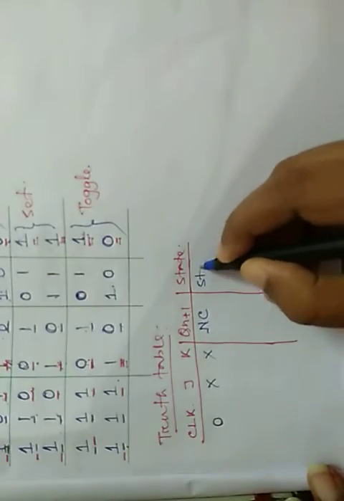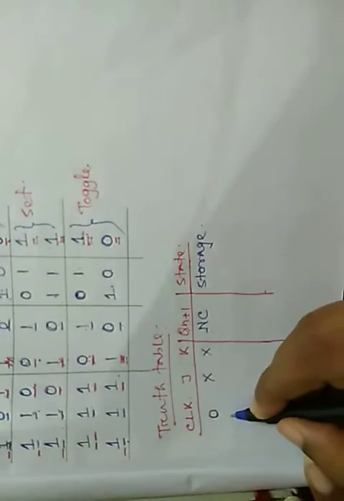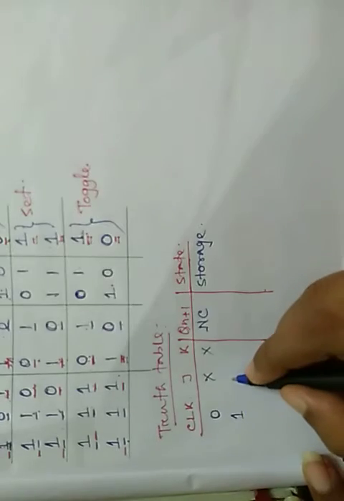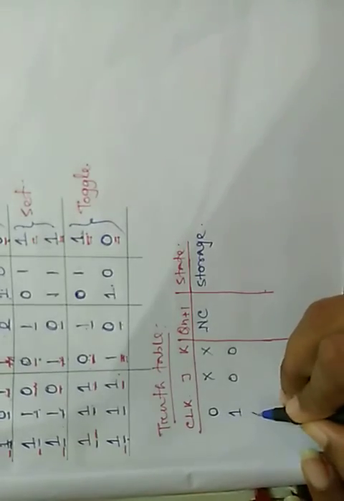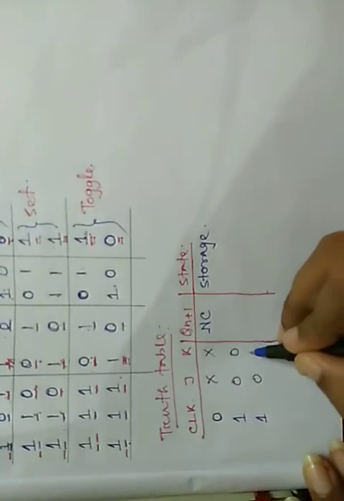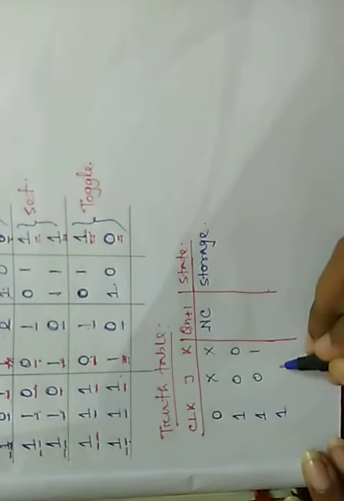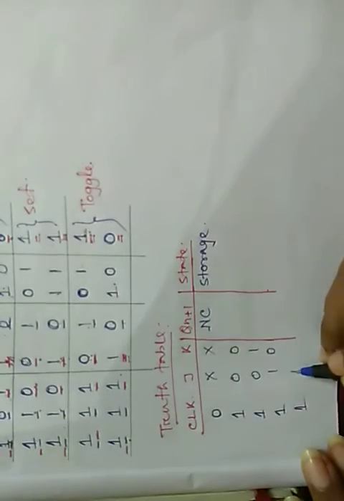That is, we can say storage. Now there are 4 possible conditions: clock is 1 with J and K as 0, 0; clock is 1 with 0, 1; clock is 1 with 1, 0; clock is 1 with 1, 1.